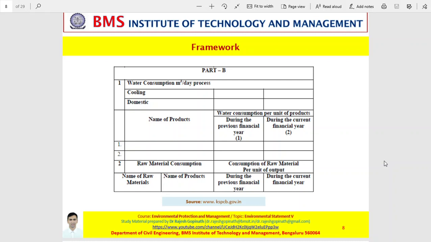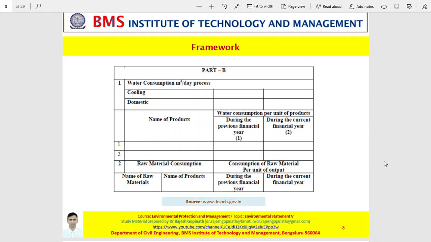It is obvious when you look at part B, even the consumption of water has been categorized with respect to the domestic demand and the industrial demand. That is, water which is required for basic consumption comes under domestic demand. Water which comes under the category of cooling or as a raw material comes under the other category.